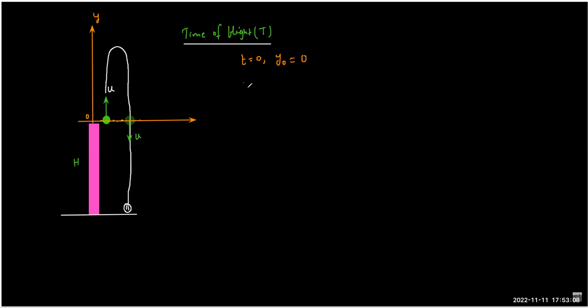And at the end of the time of flight, what is the y coordinate? I hope you know the meaning of coordinate axis and origin. So what is the y coordinate? Tell me, guys.